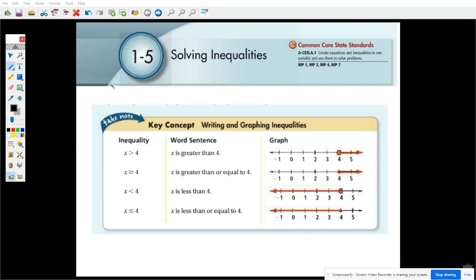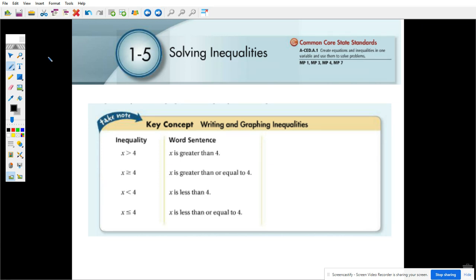So if we go to the next slide here, you're going to see that I have it blank. So we're going to look at X is greater than 4, and we're going to talk about what is called interval notation. Okay, so for interval notation, we're going to use, when it is a less than symbol or a greater than symbol, parentheses to show that it is not included.